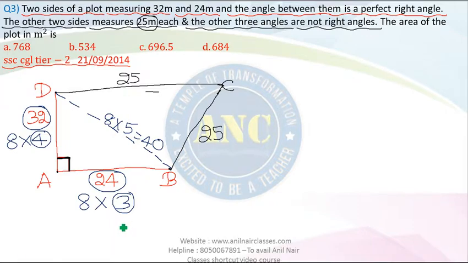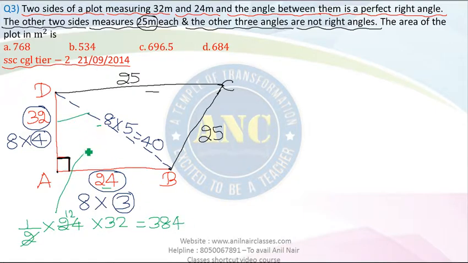The entire area can be written as the area of this right angled triangle ABD, which is half into base 24 into height 32. 2 into 12 is 24, 32 into 12 is 384.